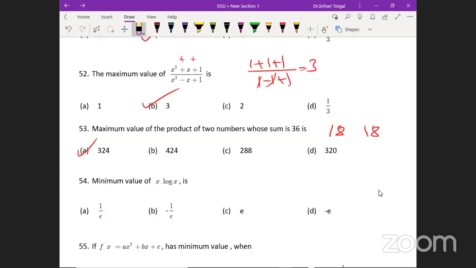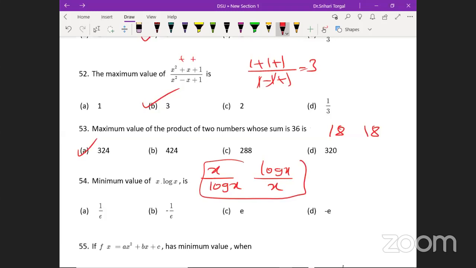I told you whenever you get x and log x in the numerator and denominator, put x equal to e. I told you earlier, put x equal to e in all such cases. Very simple actually. If you practice it, you will get the answer directly.